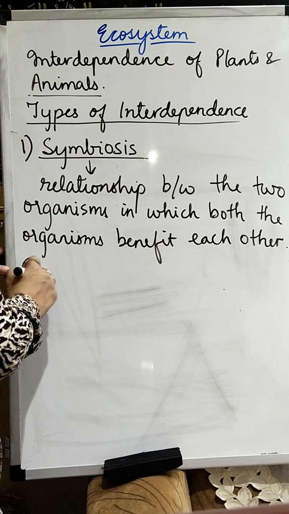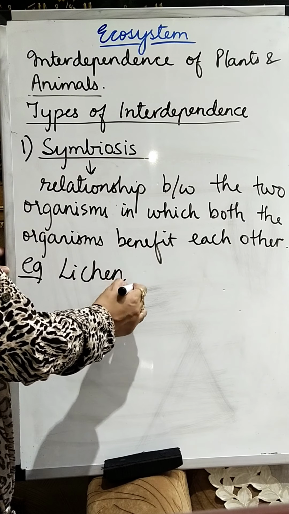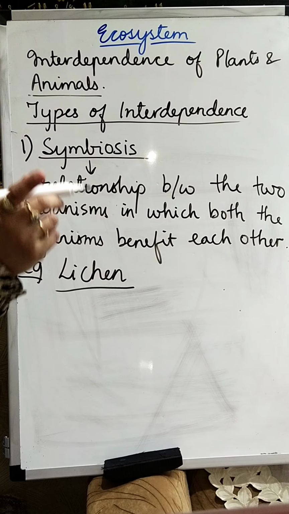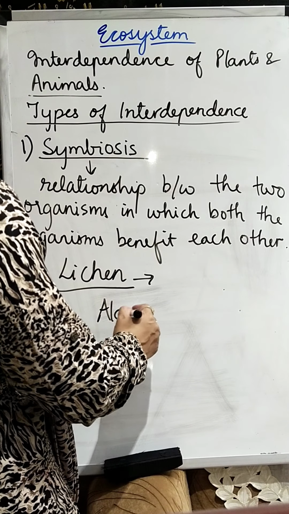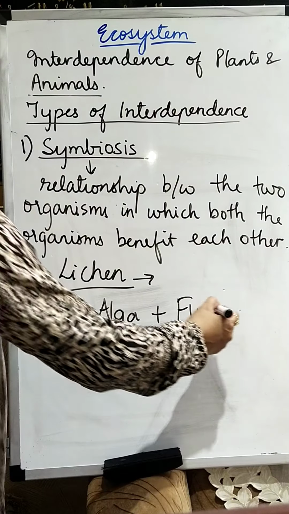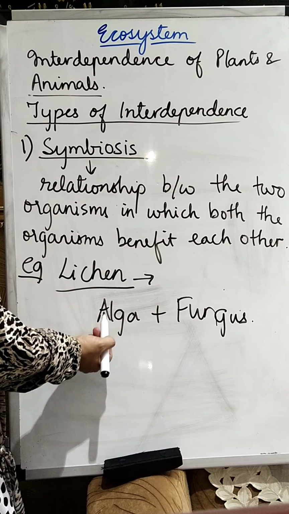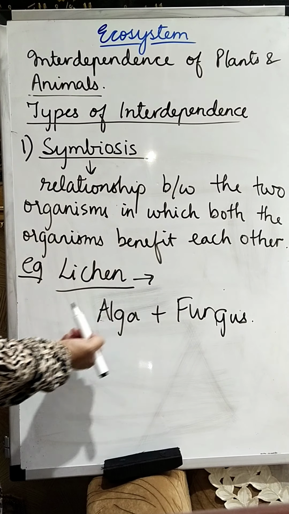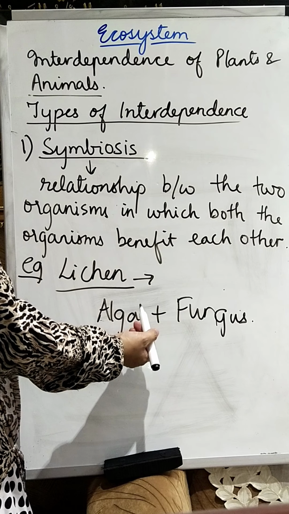So, if we take the example of lichen, lichen is the association of two organisms. Here, there is an association of algae and fungi. They both benefit each other.